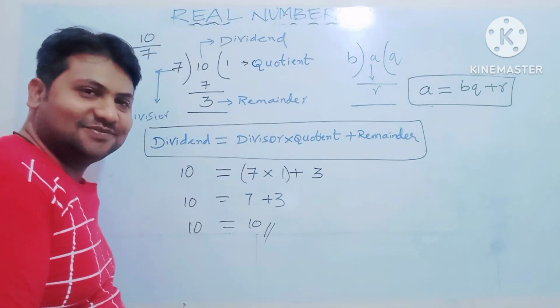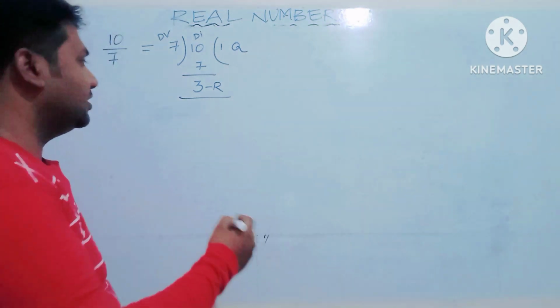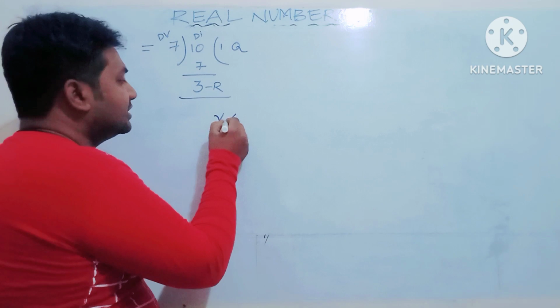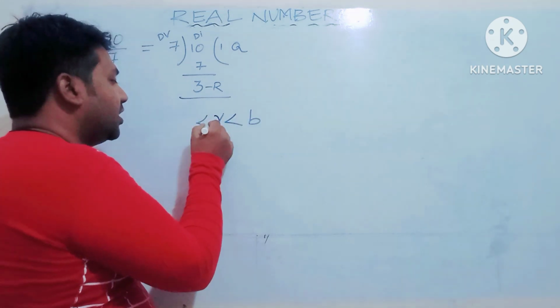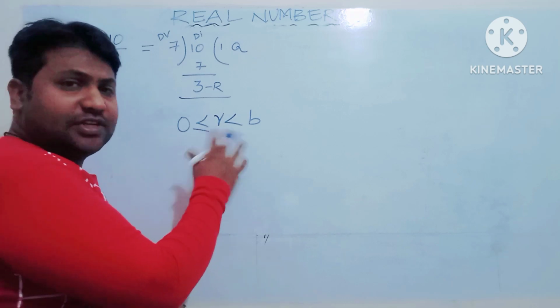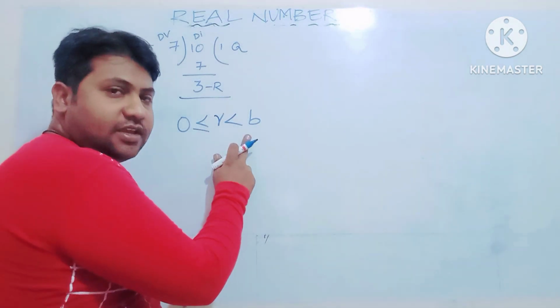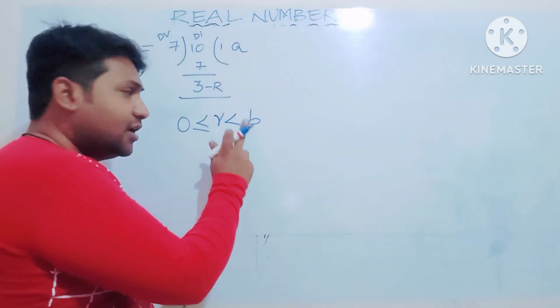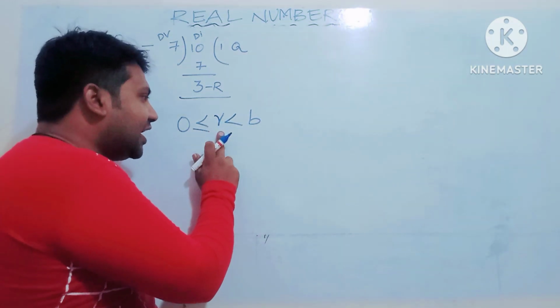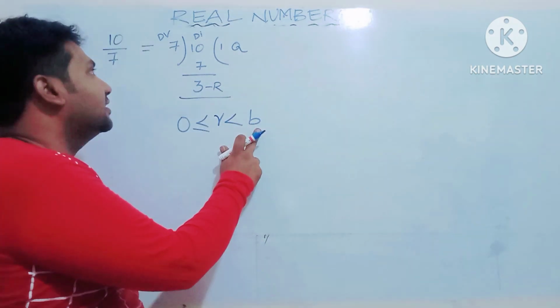Hope you have understood. Now let us understand the condition 0 ≤ r < b. It means the r value is between 0 and less than b. So see here, every time the remainder should be less than the divisor.